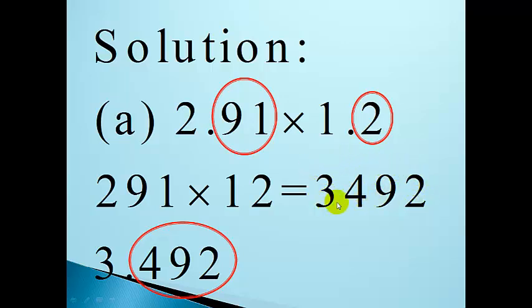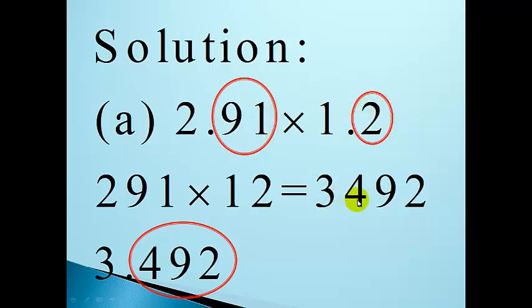Now after multiplying the whole numbers, 291 and 12, to get 3,492, you have to count the decimal places. The decimal places here are 2, and here 1. So together we have 3 decimal places.